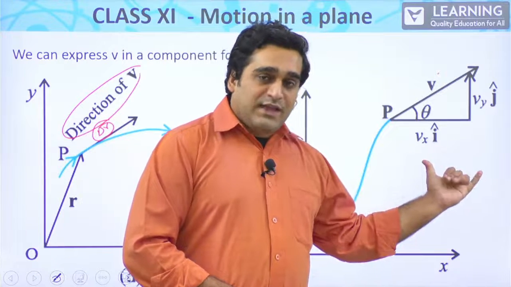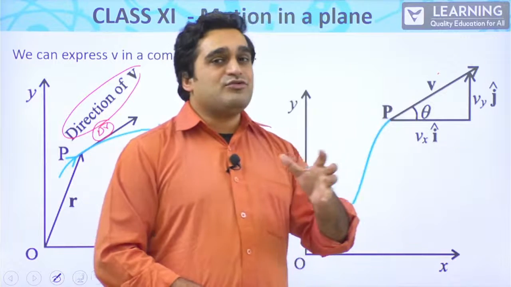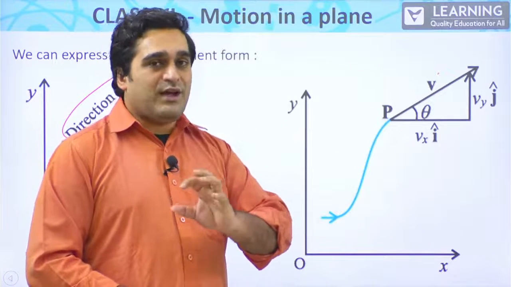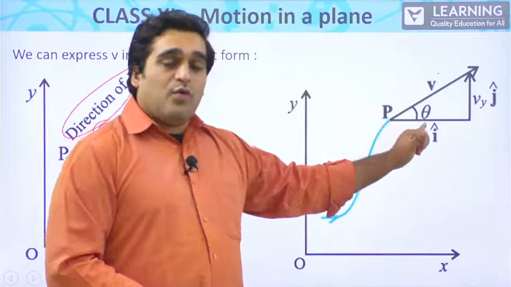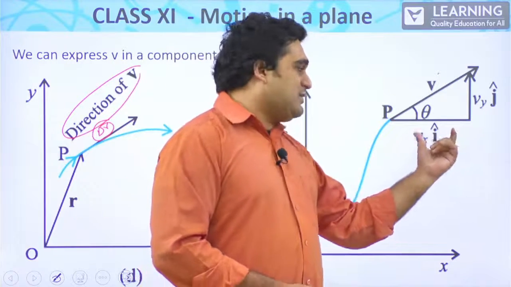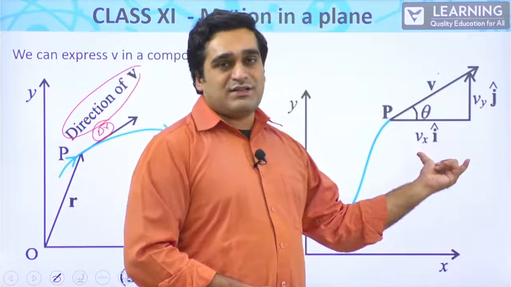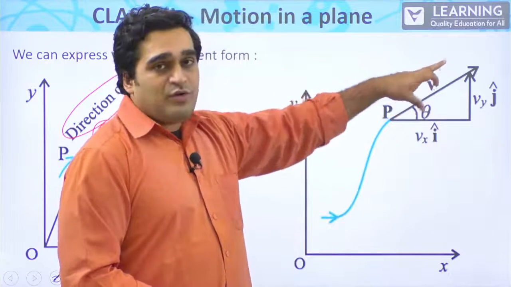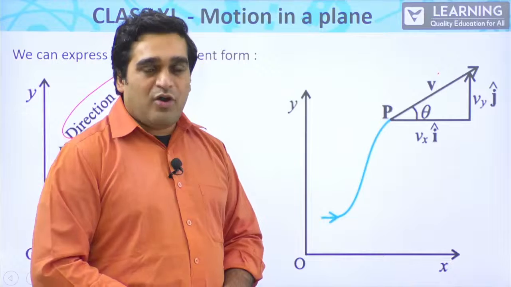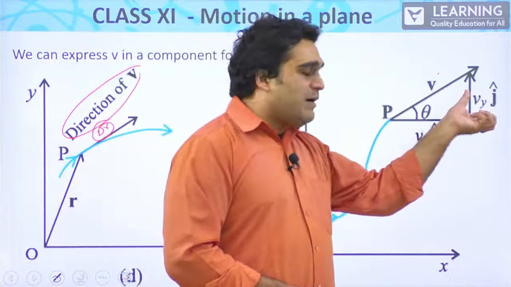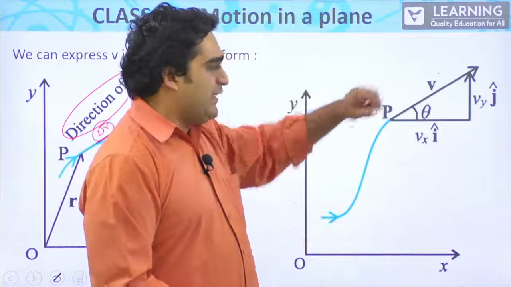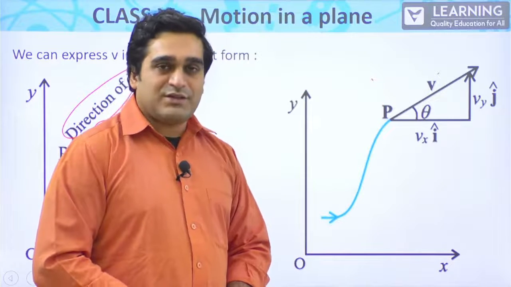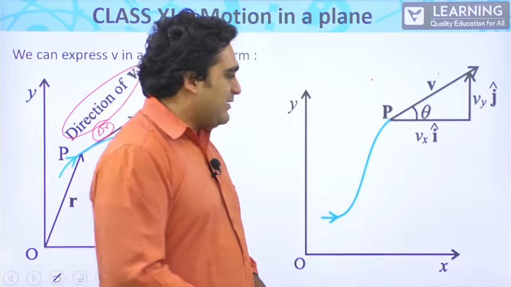We derived these x and y components using the position vector and also the displacement vector. But now we will notice how this x component of velocity is related to the vector v, and also how the y component of velocity is related to the vector v. Shall we get started? All right.